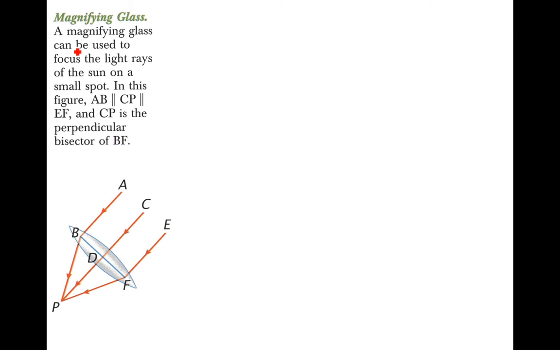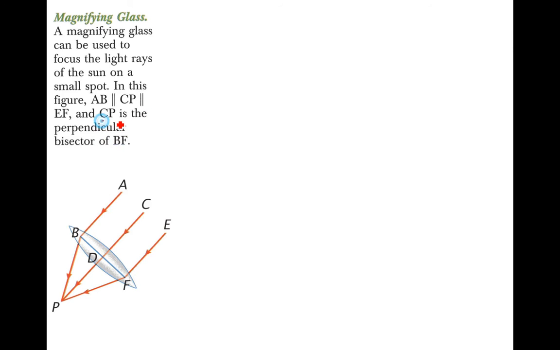Okay, magnifying glass, the thing that melted the ant, or fried the ant on the previous set of problems. You can take sun rays, maybe you've done this before, focus it down and start a little fire on a piece of paper. So some givens, these little arrows again mean, yes, that they're parallel to CP, or I'm sorry, to BF.